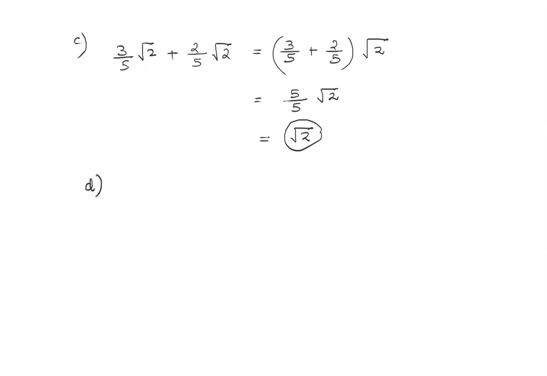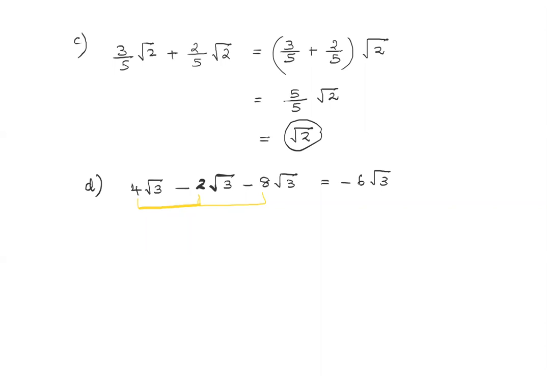Then D, I have 4 times square root of 3 minus 2 square root of 3 minus 8 square root of 3. So here all the radicals are the same index, so they are all like radicals. So 4 minus 2 is 2. 2 minus 8 is -6. The answer is -6 times square root of 3.